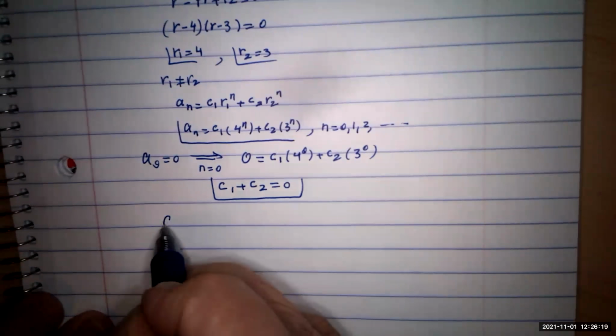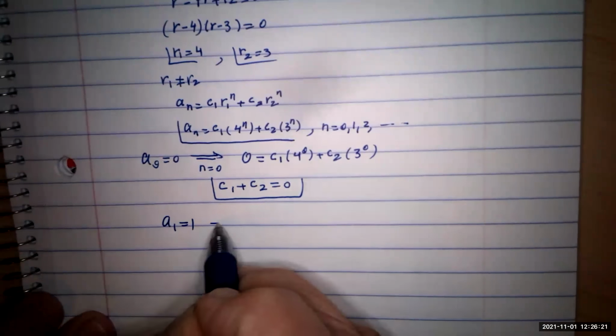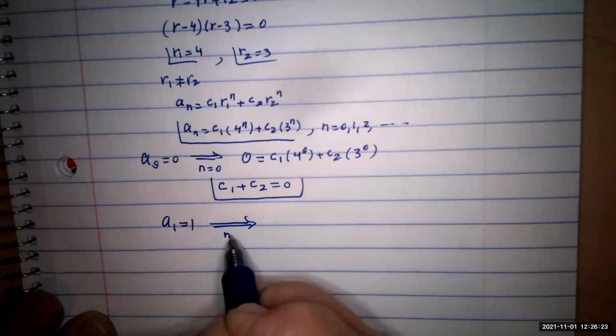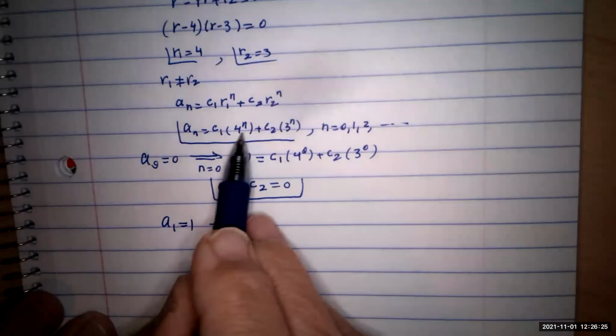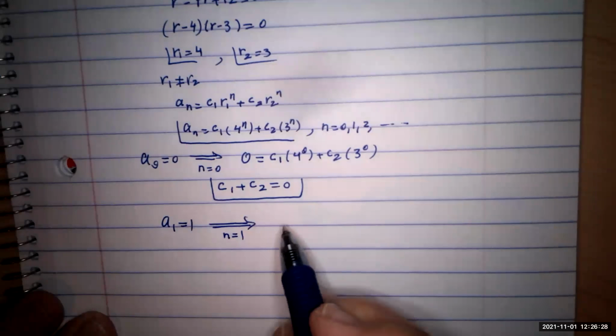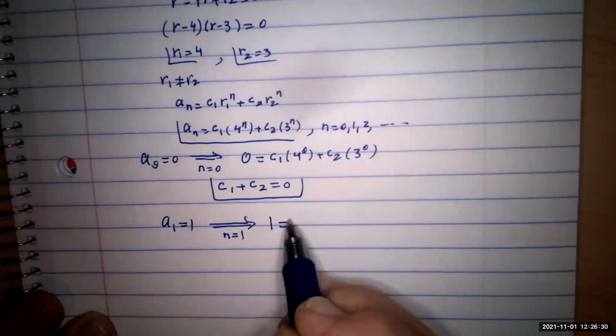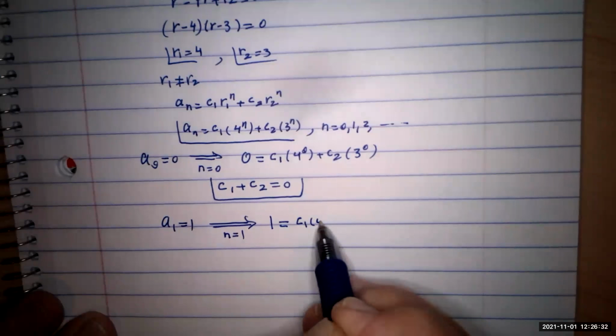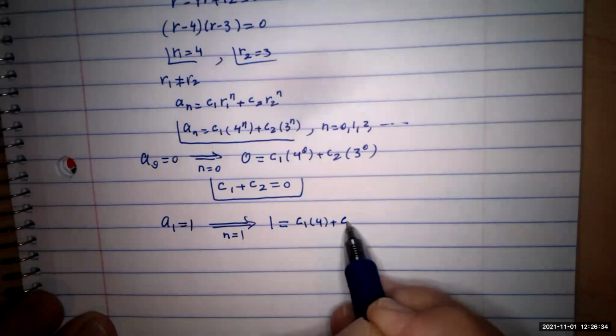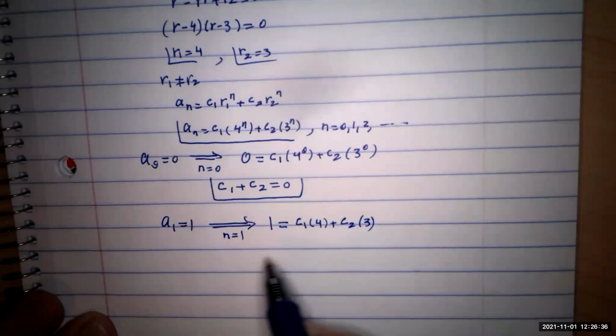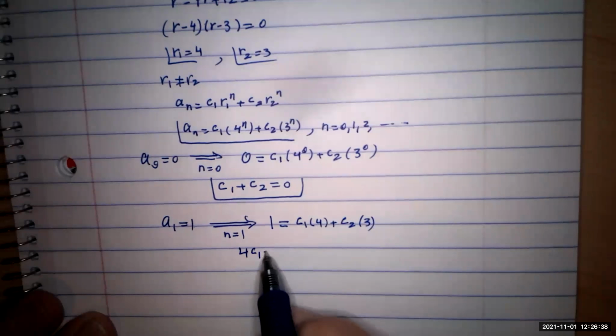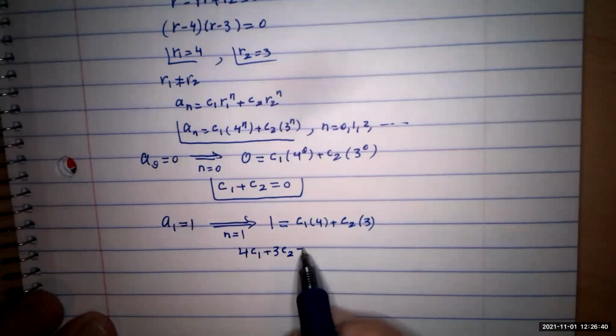Apply the next one. a_1 is equal to 1. You replace n by 1 in the equation. 1 equals C1 times 4 plus C2 times 3. So you have 4C1 plus 3C2 equal to 1.